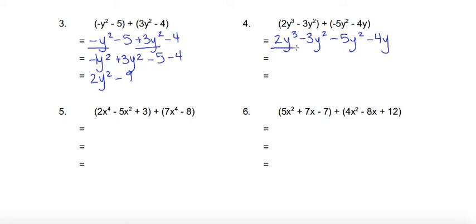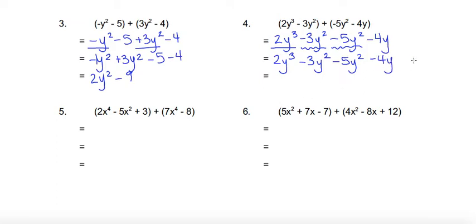So I have a y cubed, and I only have one of these, so 2y cubed. Now I want to look at my y squareds. I have my negative 3y squared and my negative 5y squared. So I'm going to group those two together or collect them together. And lastly, I have just y, so negative 4y.